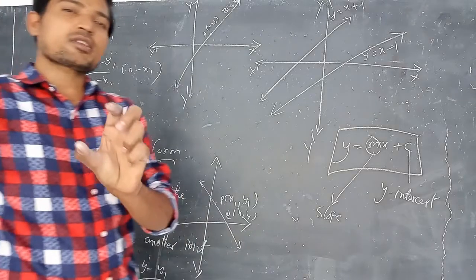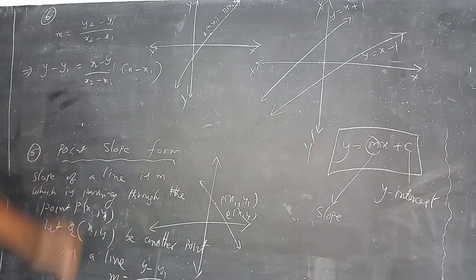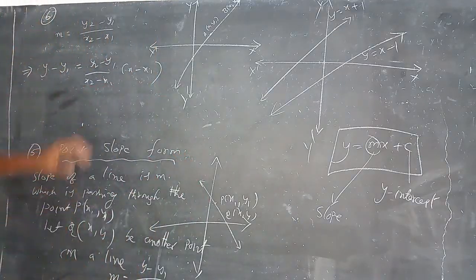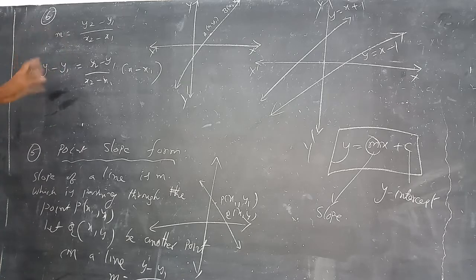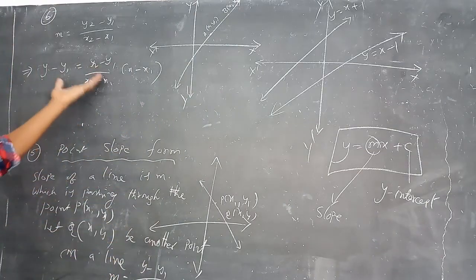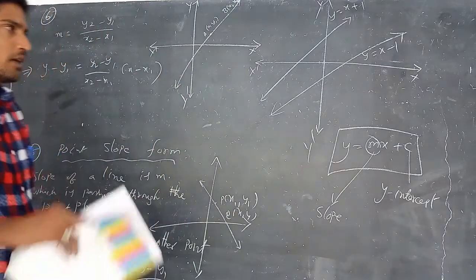When two points are given, you have to find the slope and then substitute in this equation, y minus y1 is equal to m into (x minus x1). m is nothing but the difference between y coordinates by the difference between x coordinates. Clear? Next.